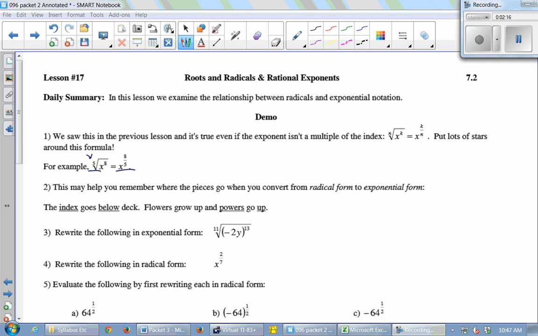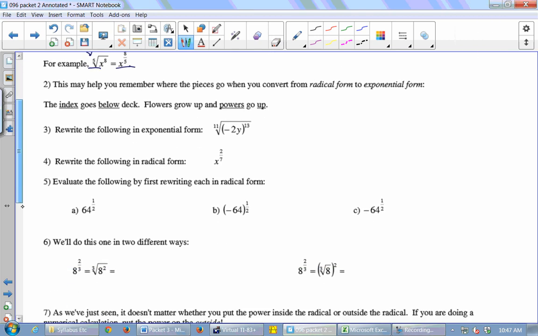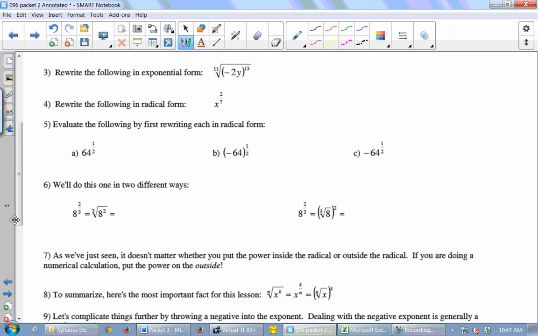Just a couple of ways to help you remember. For example, I want to rewrite this in exponential form. I've got a root, an index, and a power. I'm taking negative 2y, raising it to the 13th, and then taking the 11th root.